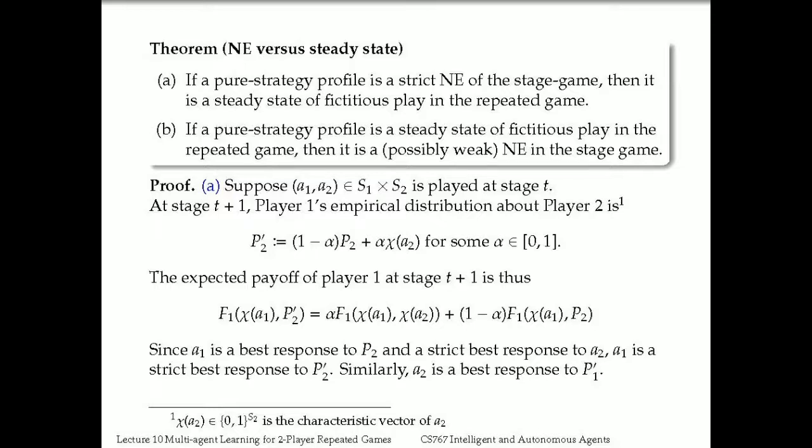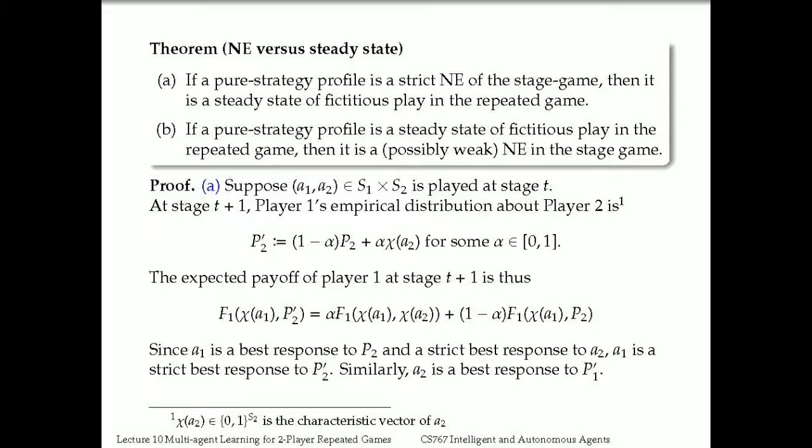Either the opponent adopts P2, we get this expected payoff with the weight of 1 minus alpha, and if the opponent adopts the action A2, then we also get the expected payoff with the weight of alpha. If I add this up, that will be the expected payoff of player 1 at stage T plus 1.